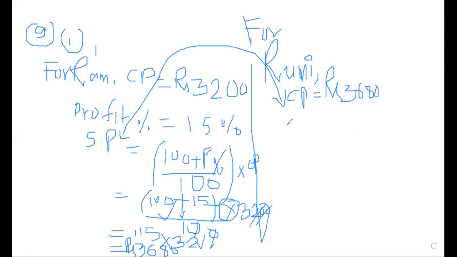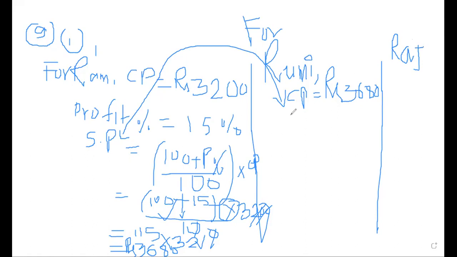The question tells that now Rumi is selling to whom? Raj. Rumi is selling to Raj.